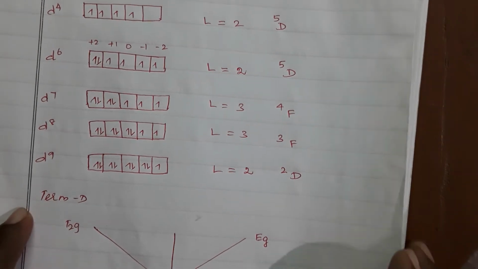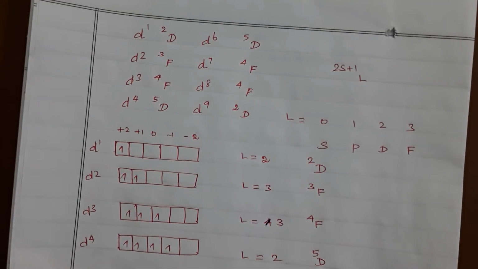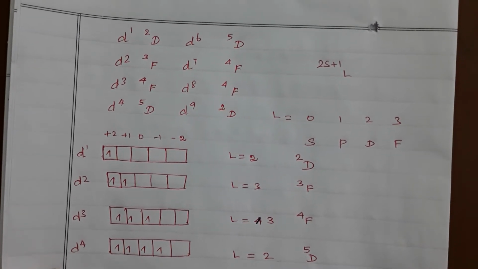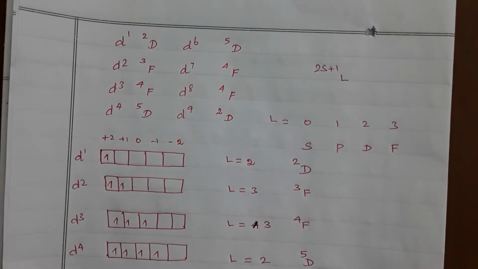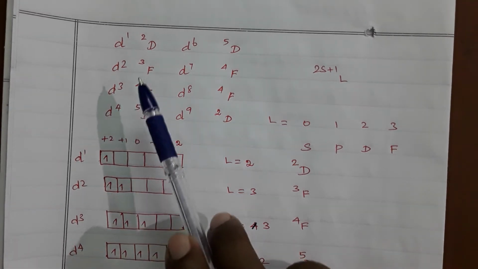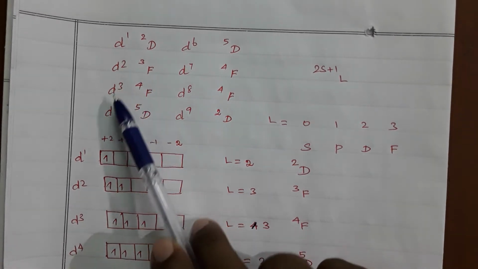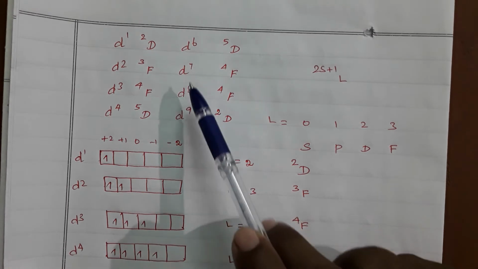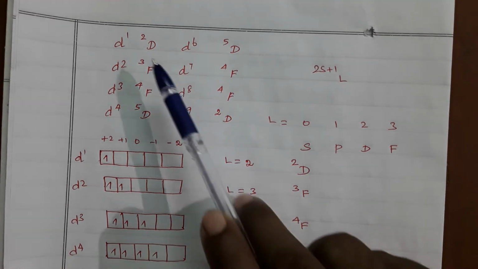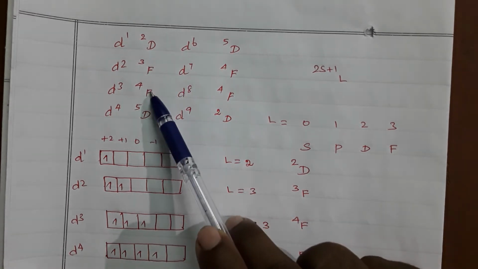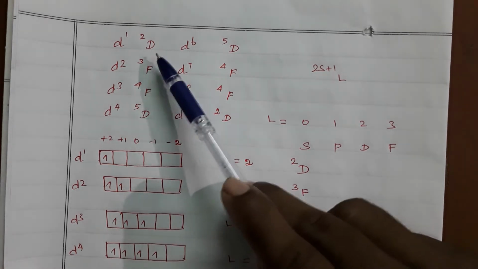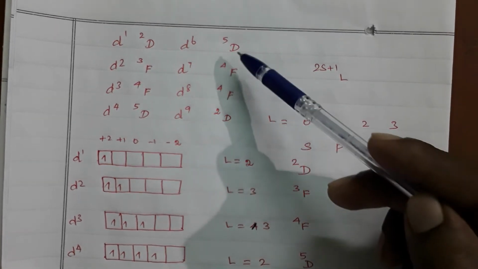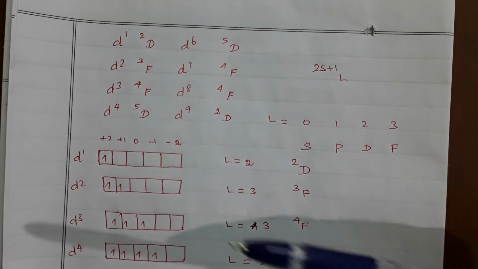I also gave a shortcut to find the term symbol for the d1 to d9 systems. For d1, d2, d3, d4, d6, d7, d8, d9, just write D, F, F, D. Here you have to invert the same, D, F, F, D.